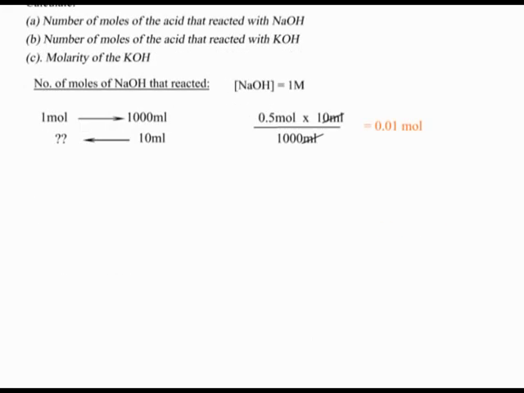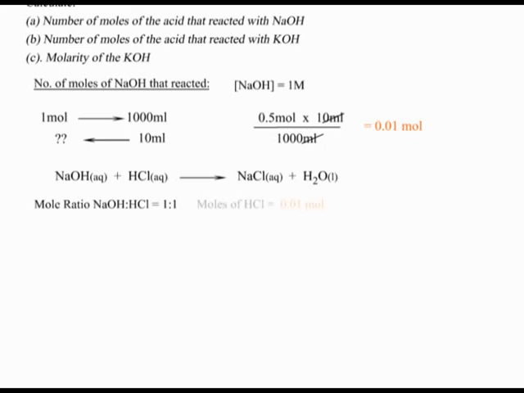Next, we find the number of moles of the acid that reacted with this sodium hydroxide. We get the mole ratio from the chemical equation. There is the chemical equation, and the mole ratio of sodium hydroxide to hydrochloric acid is 1:1. Therefore, the number of moles of hydrochloric acid that reacted with sodium hydroxide in the titration is 0.01 moles.